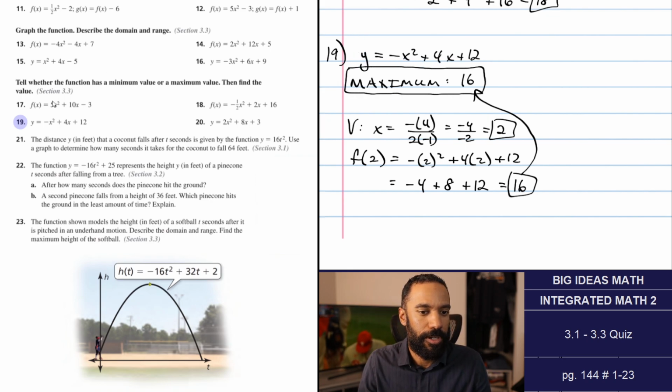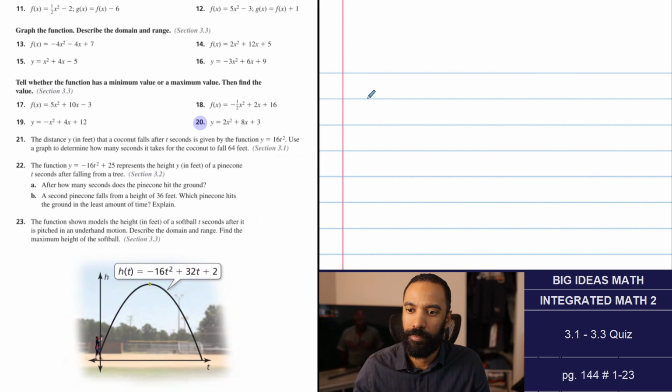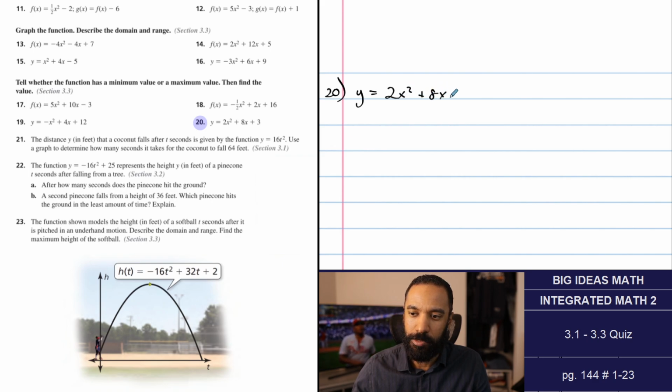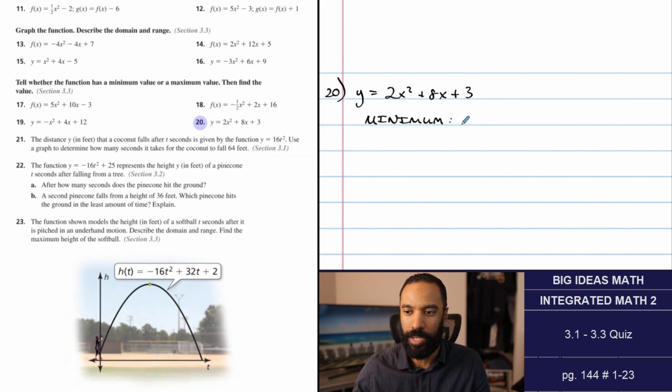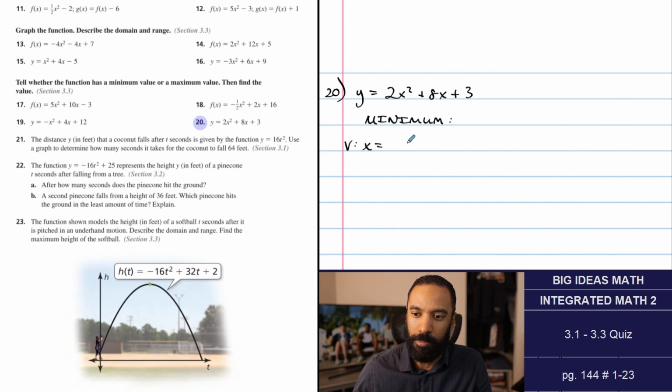And finally, number 20. Not finally, but from this section, number 20. We have y equals 2x squared plus 8x plus 3. This will feature a minimum, given that this is a positive 2 here. The a value is positive. So the vertex x value is going to be negative 8 over 2 times 2, negative b over 2a.